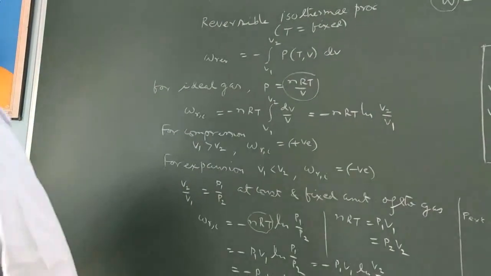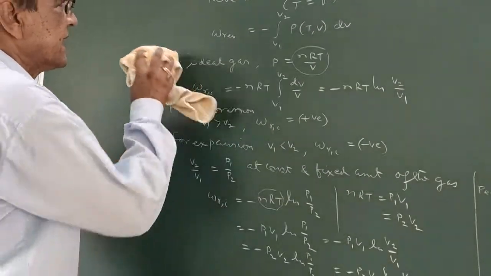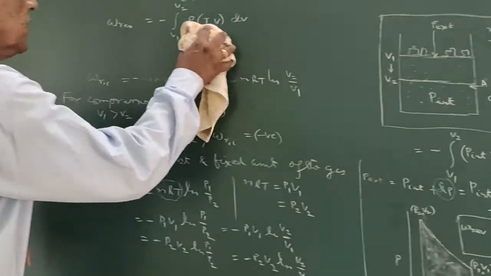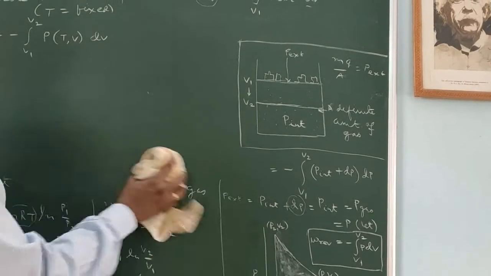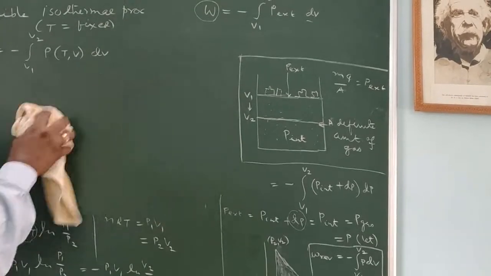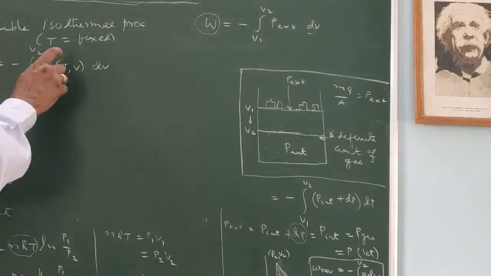And when a van der Waals gas is taken, and the process is isothermal, T is constant.